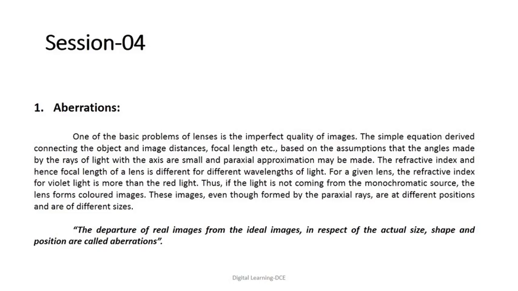These images, even though formed by paraxial rays, are at different positions and are of different sizes. So, the departure of real images from the ideal images in respect of the actual size, shape, and position are called aberrations.